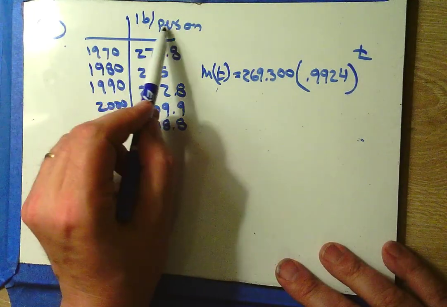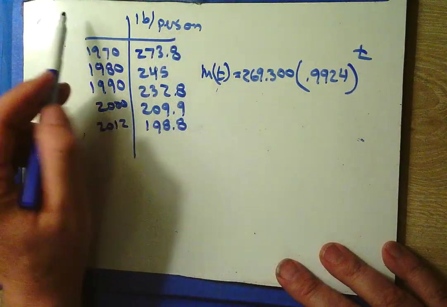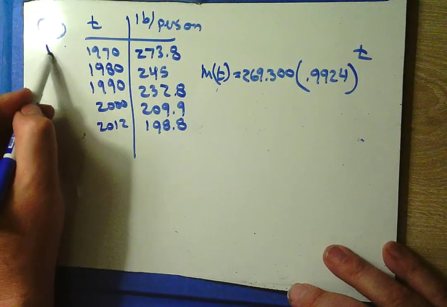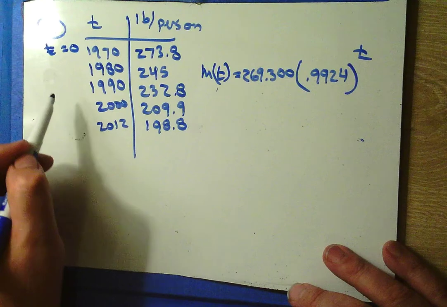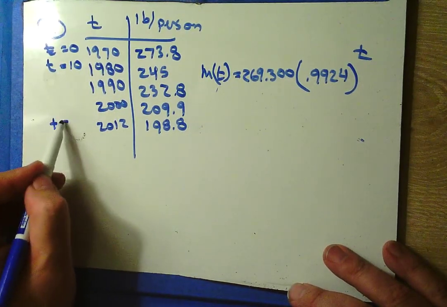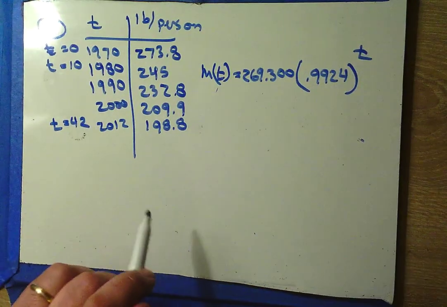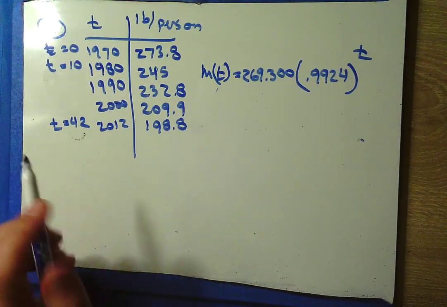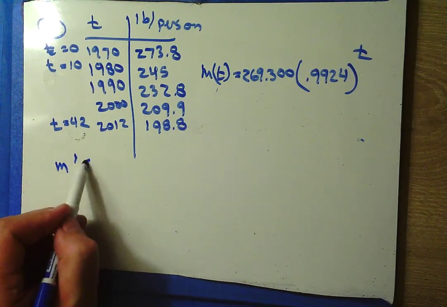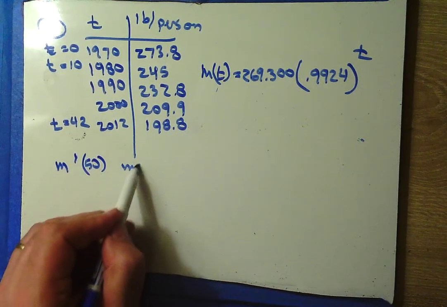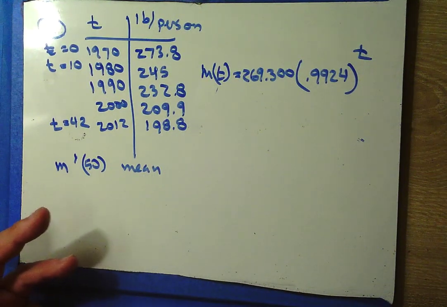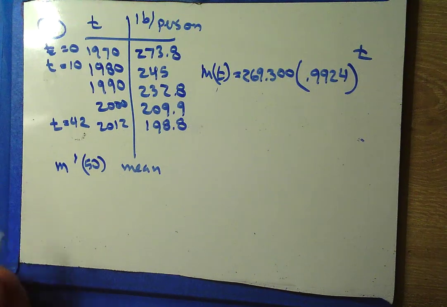Our output is pounds per person, and our input is years. And by the way, this is t equals 0, t equals 10, so this is going to be t equals 42, right? So what I'm wondering is, what's m prime of 50 mean? I don't even really care what m prime of 50 is, I just care what it means.